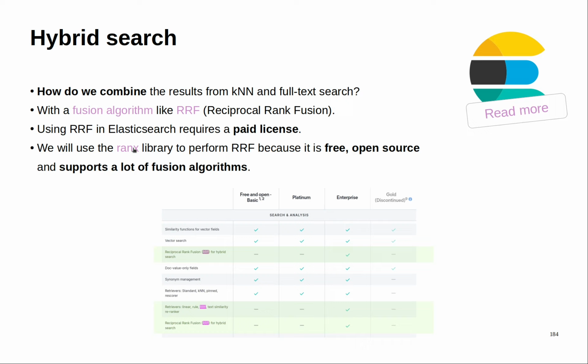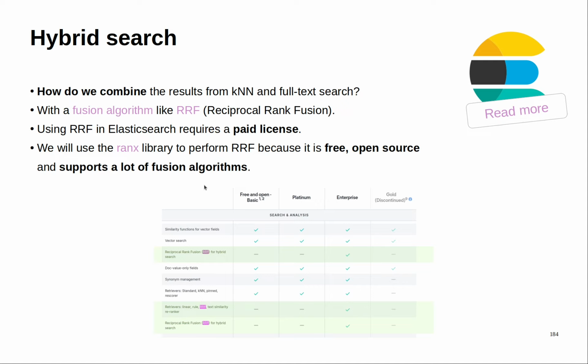With Elasticsearch, we are going to perform semantic search and full text search. The output from these two search methods will then be given to ranx, and at the end, ranx will fuse those lists of documents and give us the final result.